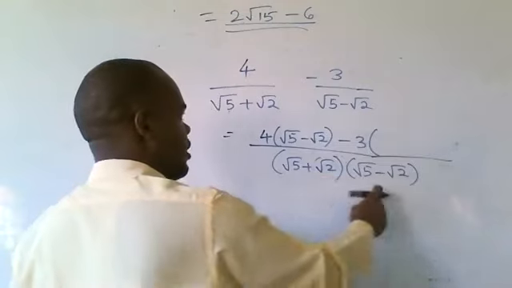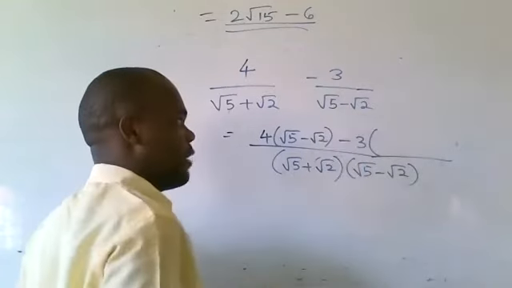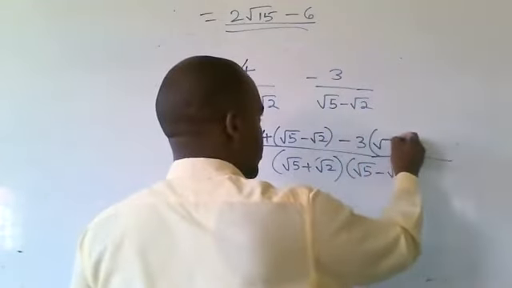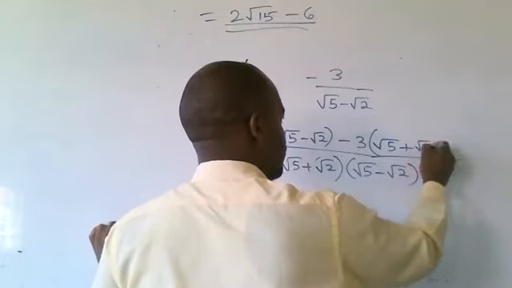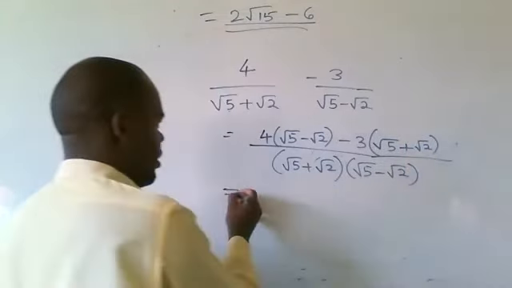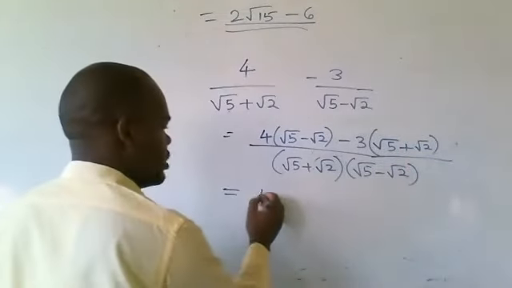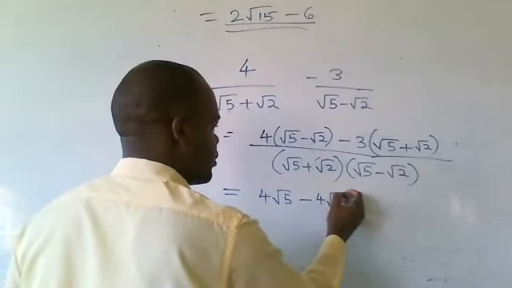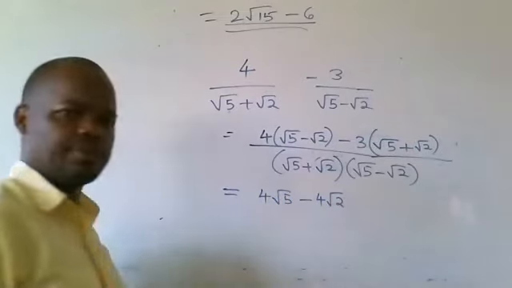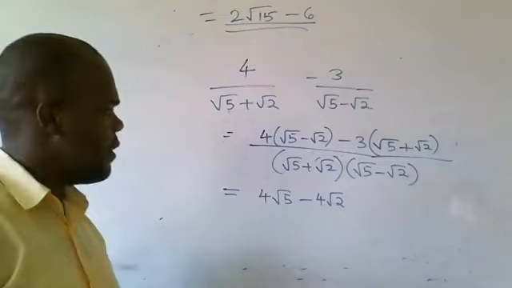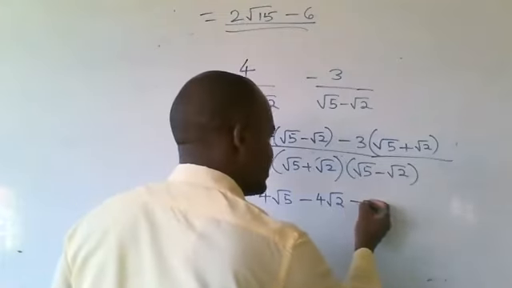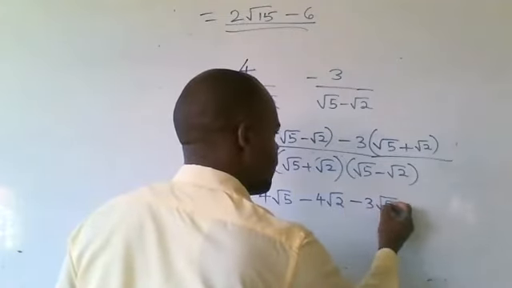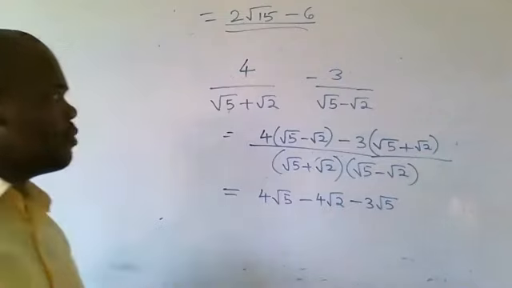And this one divided by this is square root of 5 plus square root of 2. So let us be very keen here. Let us open the bracket. This is 4 square root of 5 minus 4 square root of 2, then minus 3 square root of 5. Then what else?